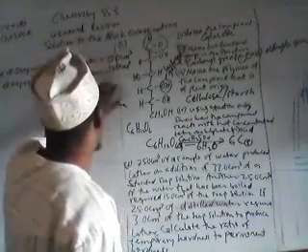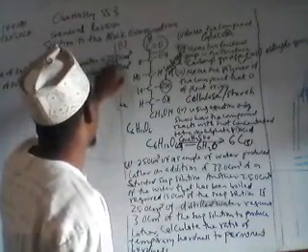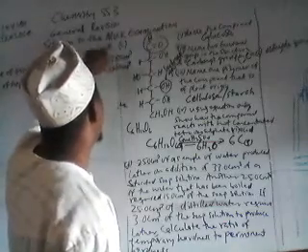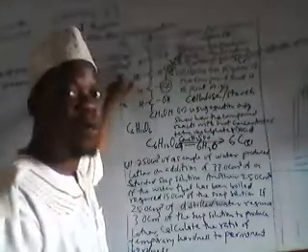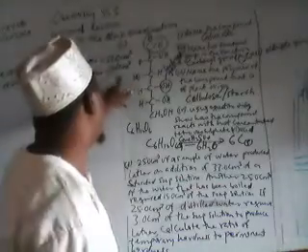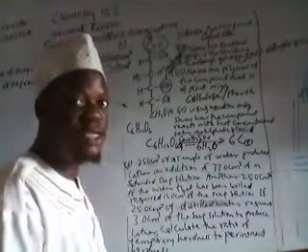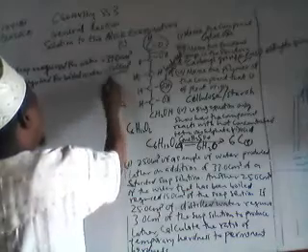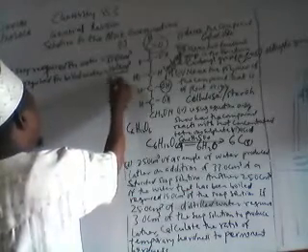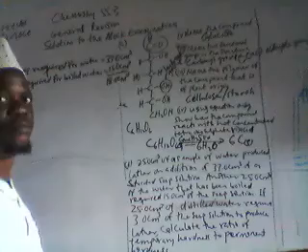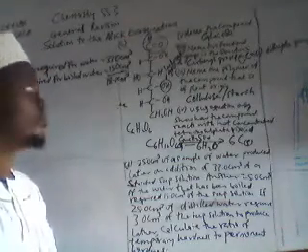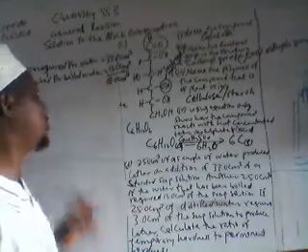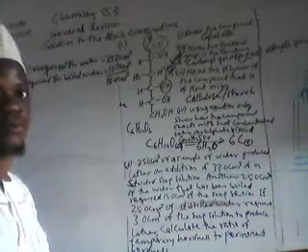So it shows that the degree of temporary hardness in the water sample is the volume of soap required for the raw water minus volume of soap required for the boiled water, and that will give us 18.0 cm3. That is 33.0 minus 15.0.